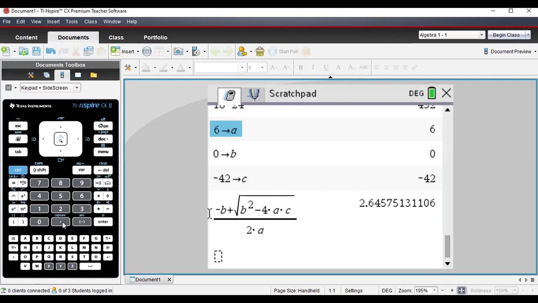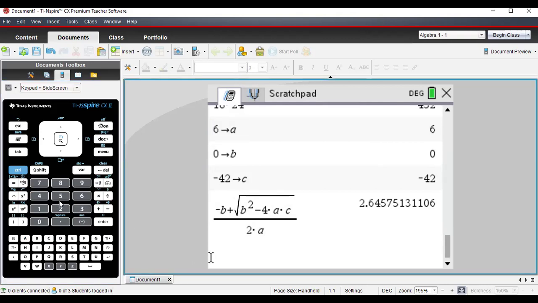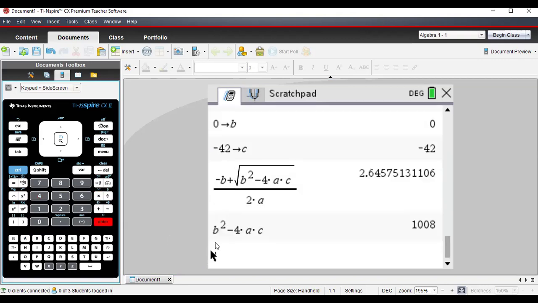So I'm going to type in b squared minus 4 times a times c, and I press enter, and it tells me the number inside the square root is 1,008. So that's what I'm going to leave inside the square root.